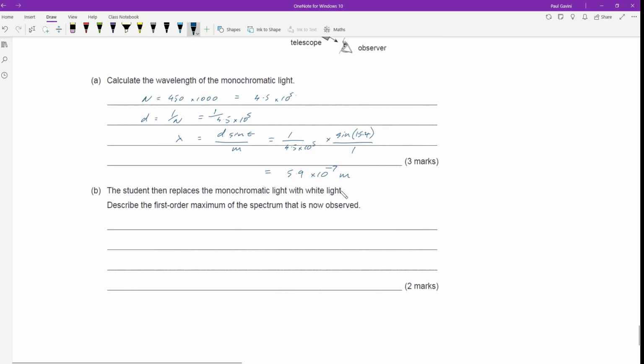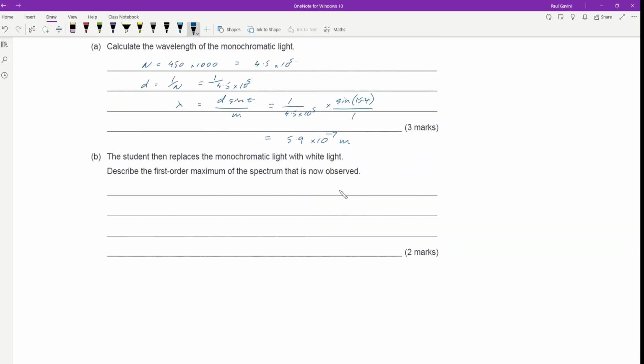Alright, the student then replaces the monochromatic light with white light, to describe the first order maximum spectrum that's now observed. For the zeroth order, you're going to end up with the white one. However, on the first one, you're going to look at a spectrum of colors. This is like looking at the rainbows on the surface of a DVD or CD.